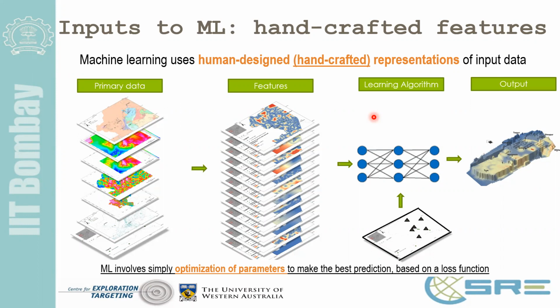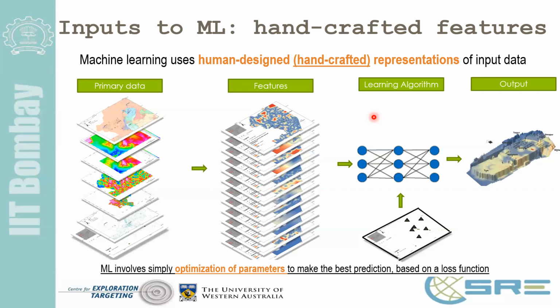That's a typical workflow for machine learning based prospectivity modeling. But the question that we were asking in the last slide was, what exactly is the machine learning? In fact, machine learning in this context is not learning the features, is not learning anything about the data sets, because we are providing the features.